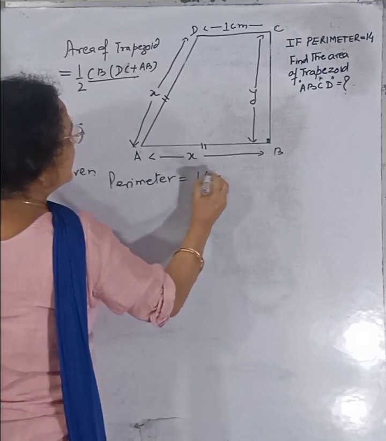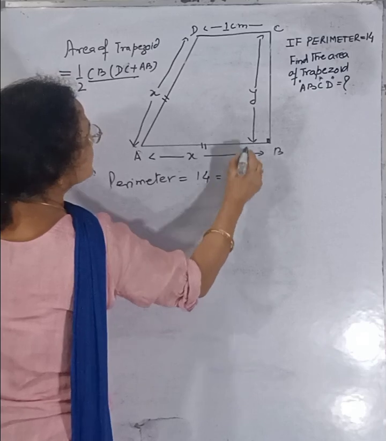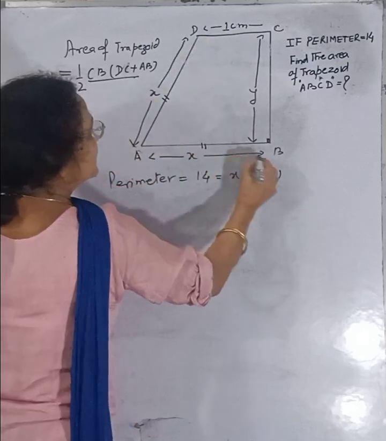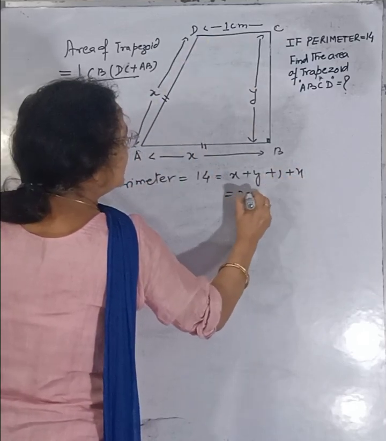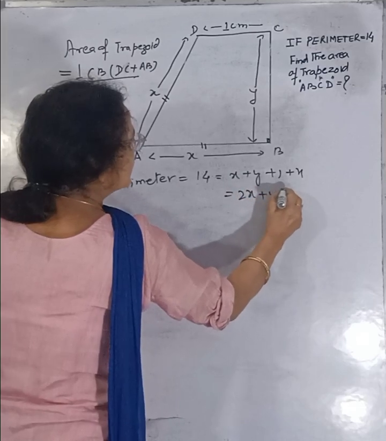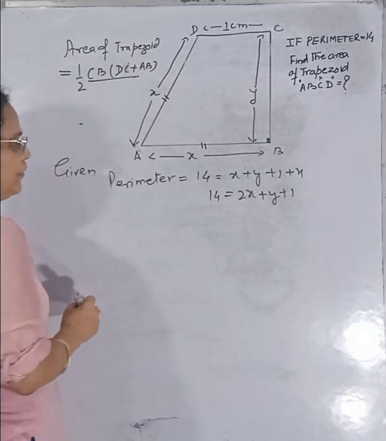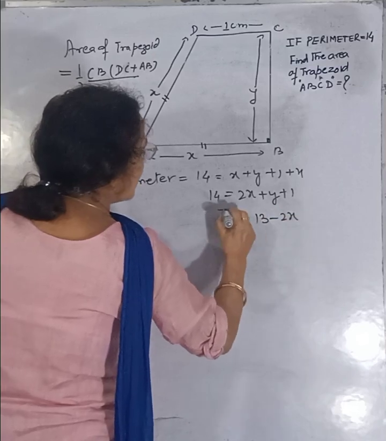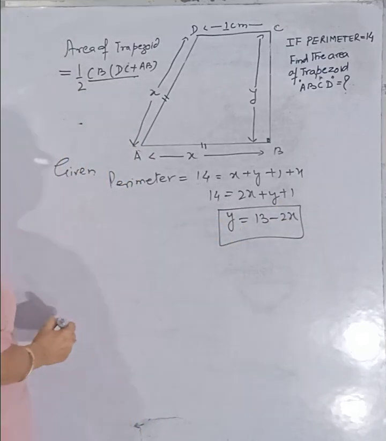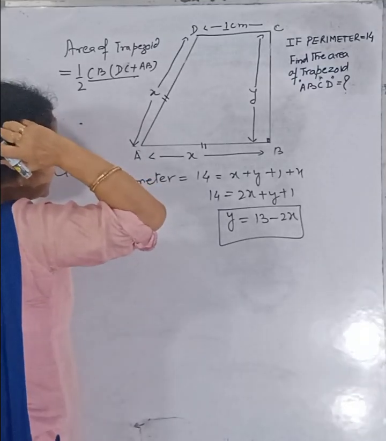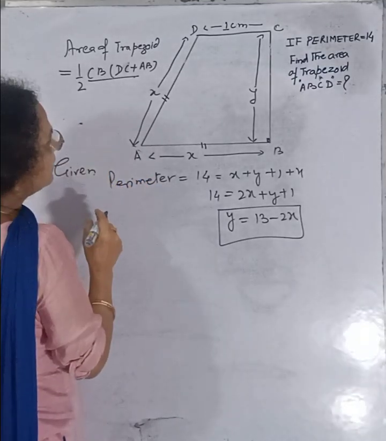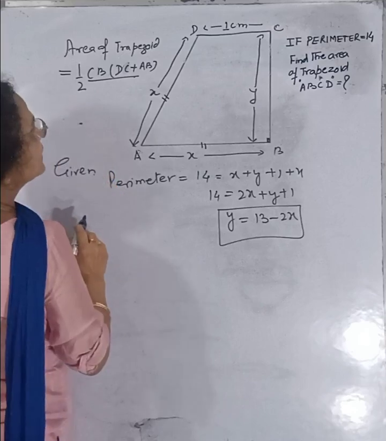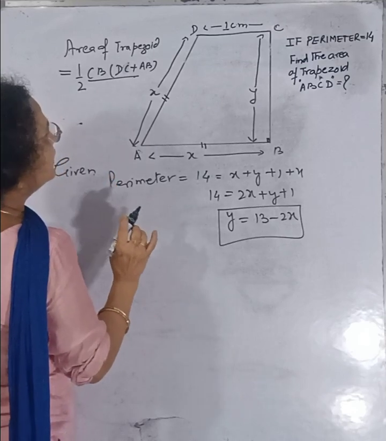It means AB, which is x, plus y plus 1 plus x, so 2x plus y plus 1 is equal to 14, or we can say that y is equal to 13 minus 2x. Now we have to find the value of x, and hence we can find the value of y. Then we can put everything in the formula and obtain the area of the trapezoid.